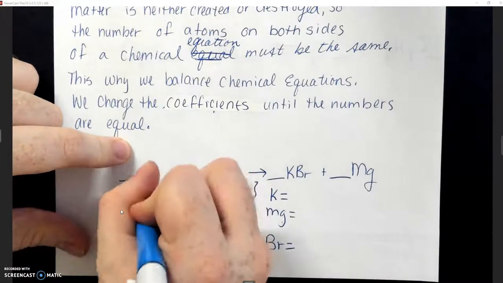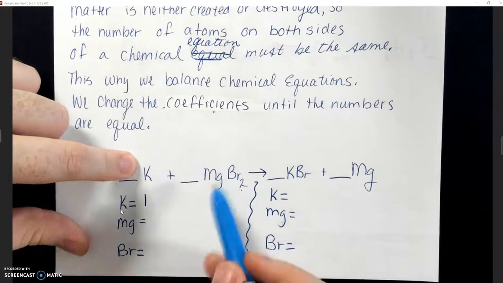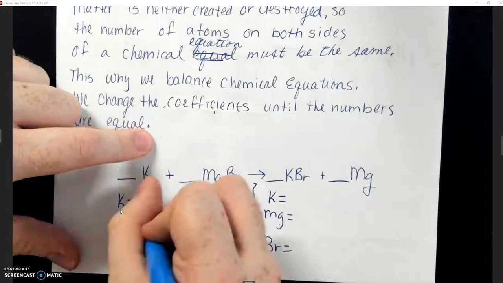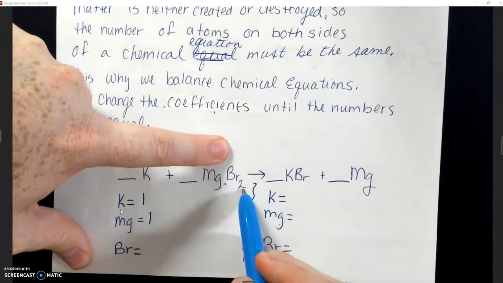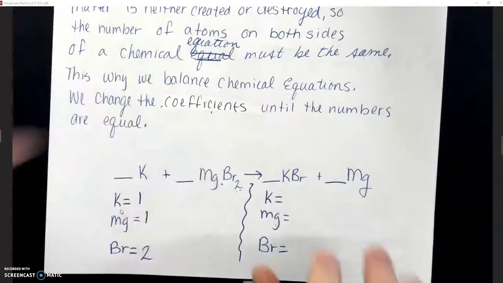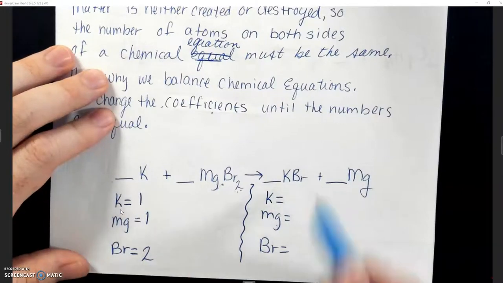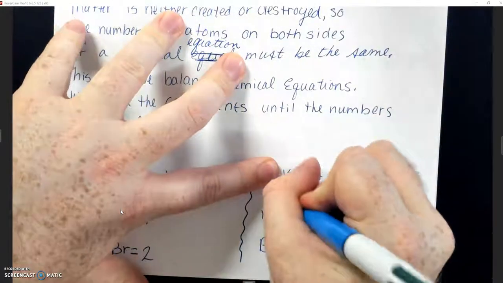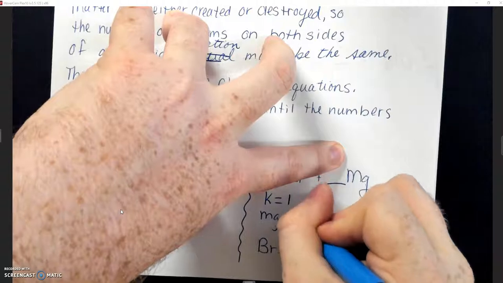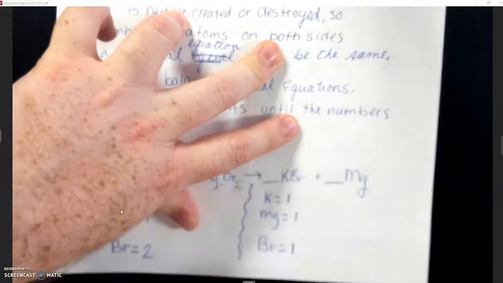On the reactant side, I have 1 potassium, 1 magnesium, and 2 bromines. On the product side, I have 1 potassium, 1 magnesium, and 1 bromine.